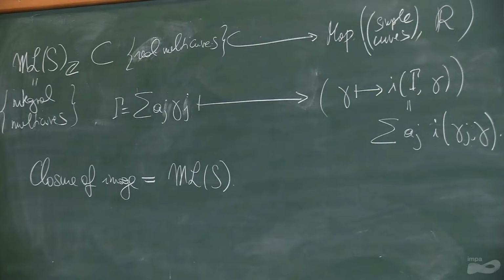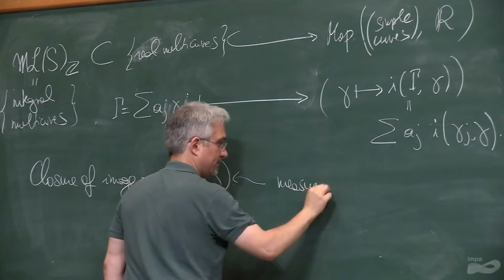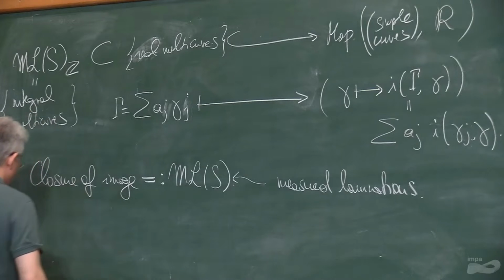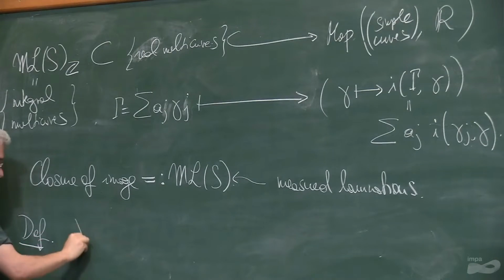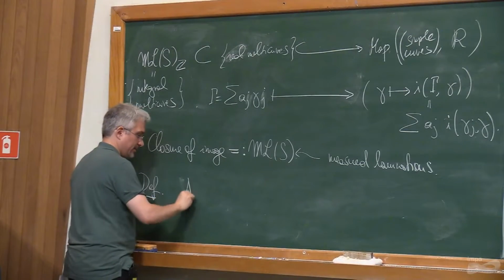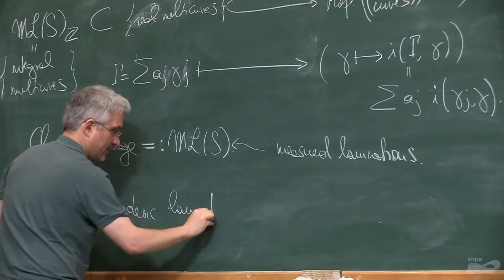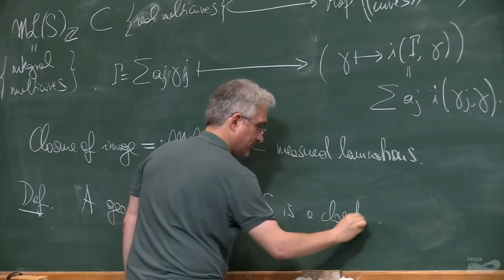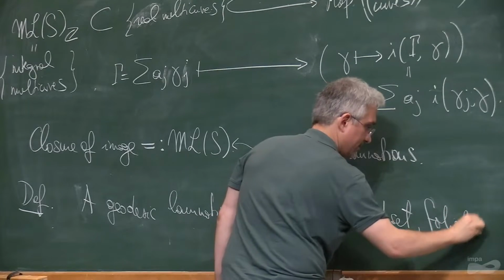So what sits in the closure? In the closure, you see some limiting objects, which are measured laminations. And what are measured laminations? Just a lamination, or a geodesic lamination, is a closed subset which is foliated by complete geodesics.